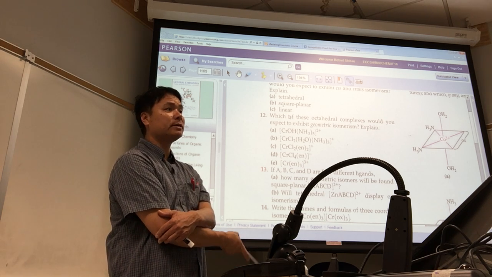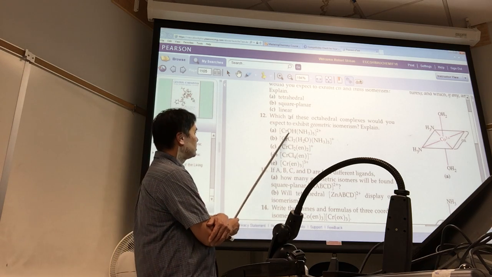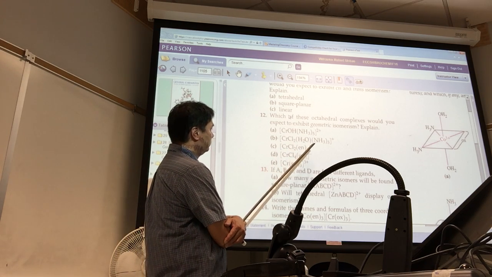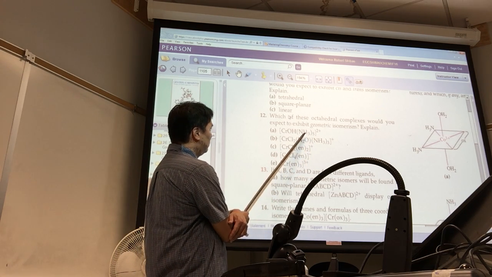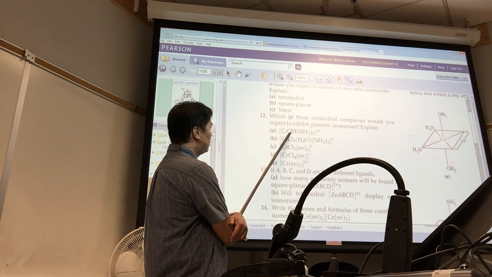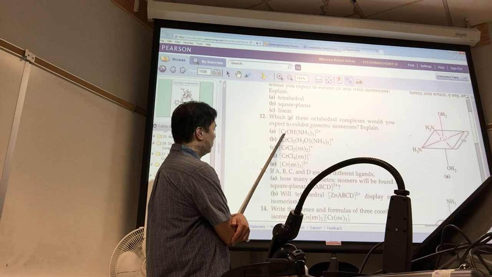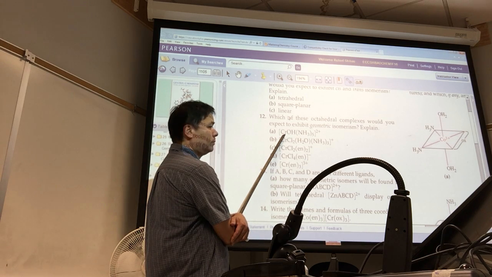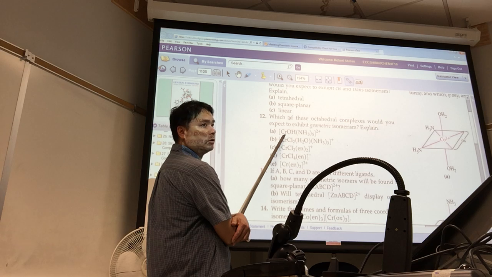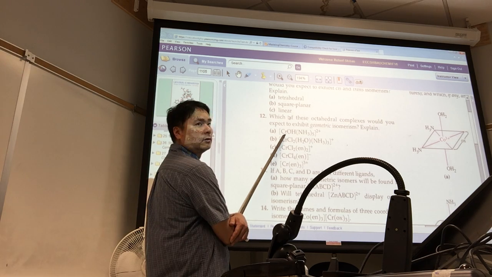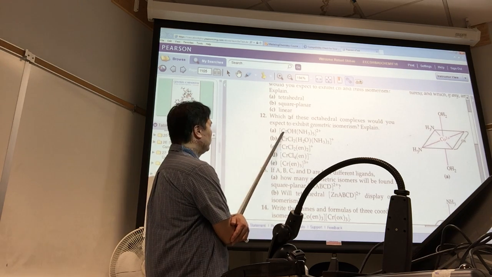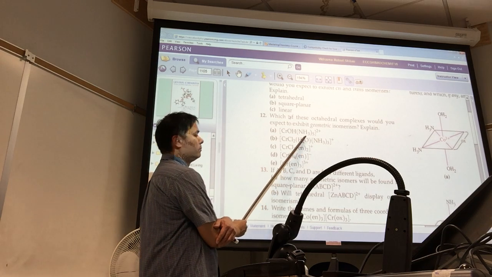Amines are good Lewis bases. And so what is this called? Yeah, hydroxyl. Chromium, charge? 3. Chromium 3. 3 minus 1 gives us plus 2.